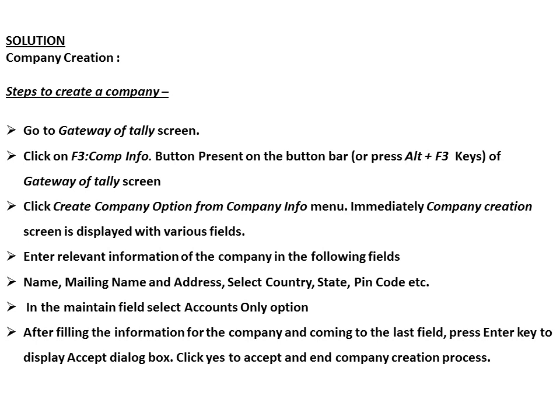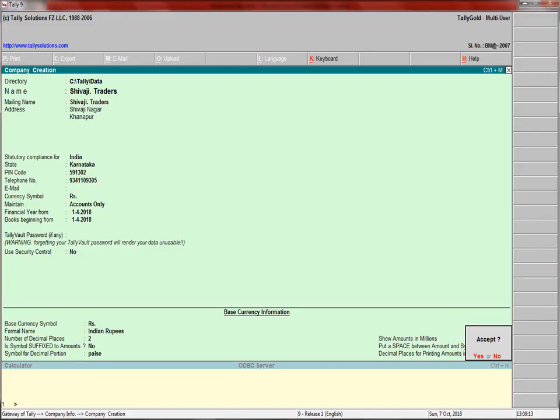Steps for company creation. Go to Gateway of Tally screen, click on F3 or the company information button present on the button bar, or press Alt plus F3 on the Gateway of Tally screen. The company creation screen will open.